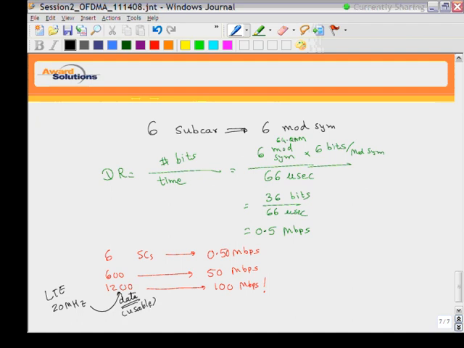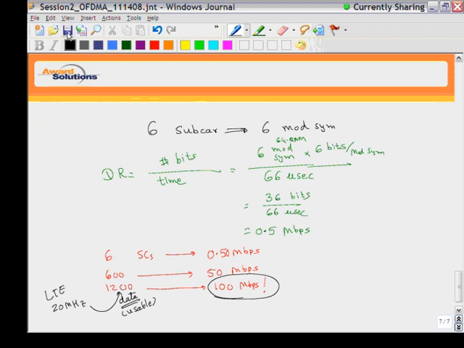The subcarriers we can use to send out data modulation symbols. And in that case, we can get 100 megabits per second. Now, the instructor has been claiming 300 megabits per second, and I reached only 100. So something is still missing.